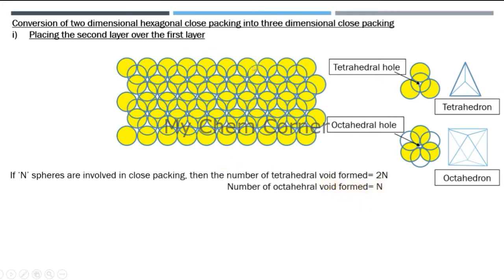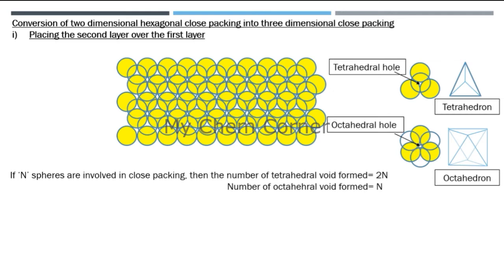So if you have n spheres, then the number of octahedral voids will be the same as the sphere count, but tetrahedral voids will be 2 times the number. So this is regarding placing the two-dimensional hexagonal close packing one above the other in a way where it is closing the tetrahedral hole and the octahedral hole is still visible.